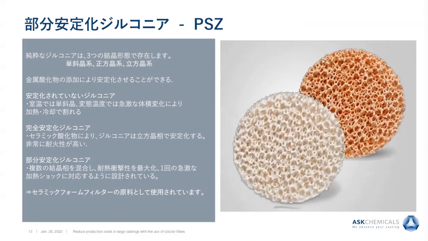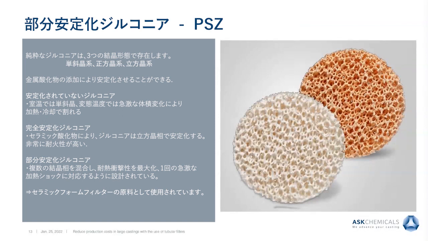And when we see that here, then we see that as a perfect material for these requirements, zirconia has been identified and implemented for the manufacturing of high quality ceramic foam filters. In this case, you see the PSZ material, that is what we are making mostly our zirconia filters from.